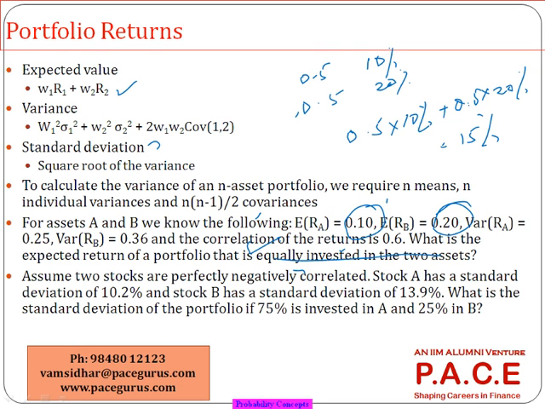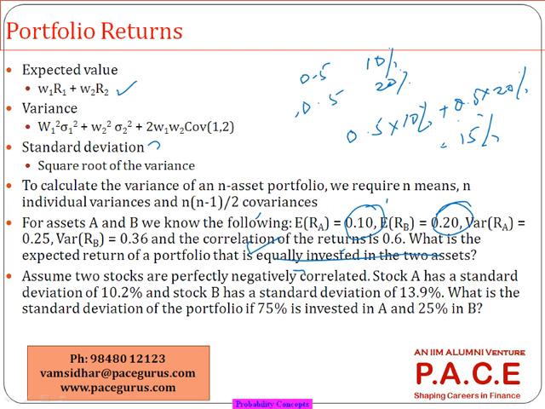The reason being, the relationship between the two of them will pull down the overall variance. The diversification comes when you are combining two securities which are having an opposite relationship between them, or which are having a weaker relationship between them.